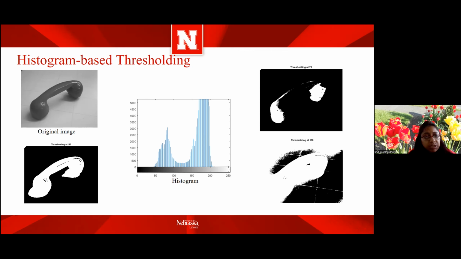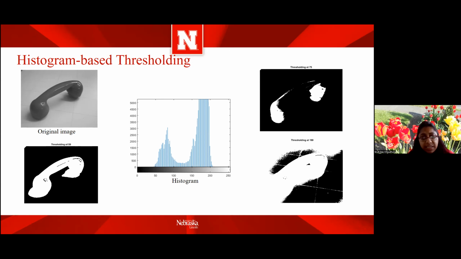So in the original image, the threshold at 75 is not midway between the two peaks, and so the segmentation result is not good. Now thresholding at 180, which you can see at the bottom right, is also not good because we have a lot of white pixels, as this is also not a clear midway between the two peaks.